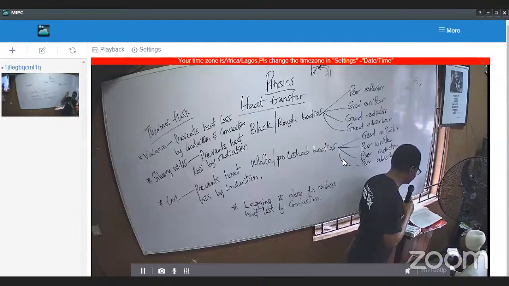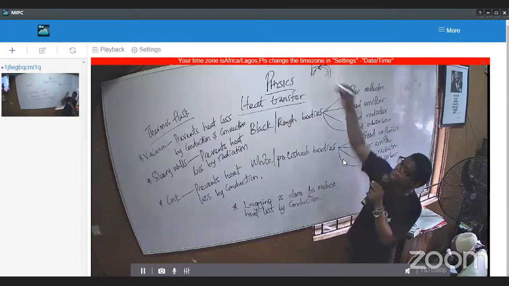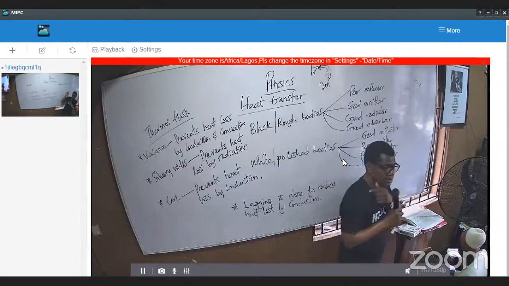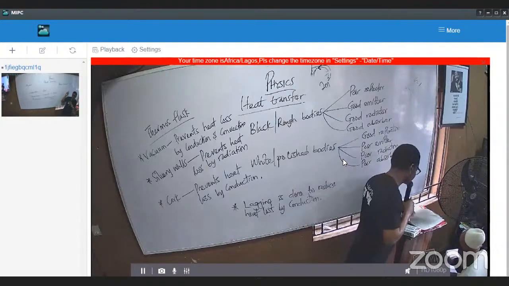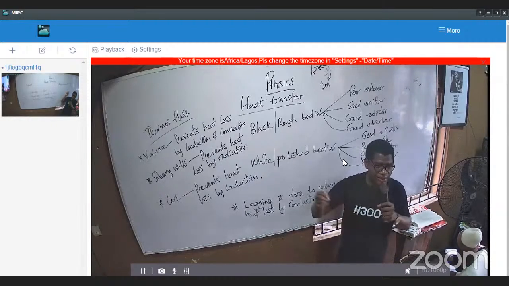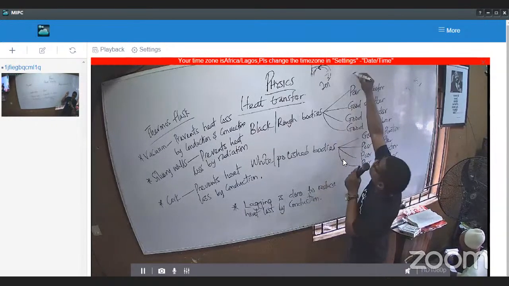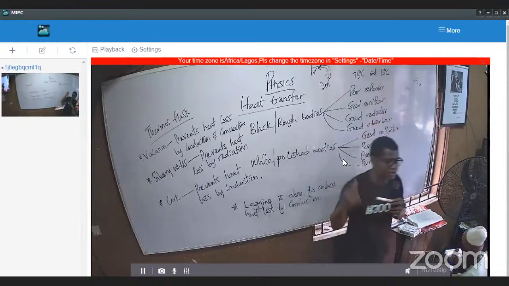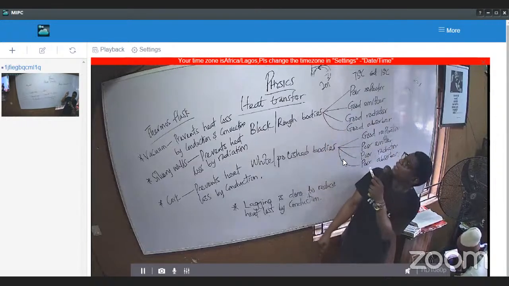What is the rate of heat energy transfer in a body of area 2 meters squared and thickness 20 centimeters, if the temperature at the ends of the body are 75 degrees Celsius and 15 degrees Celsius respectively?